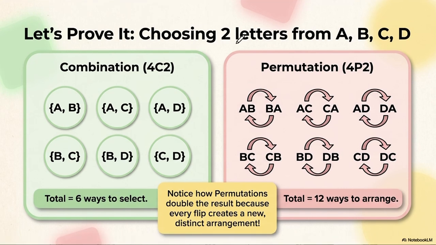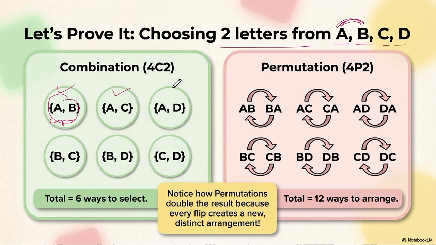Suppose you have to choose any two letters from the alphabet A, B, C, D. What are the different ways we can choose? In the case of combination, order does not matter. So AB and BA are both the same. When you write the combination, A and B, B and A are the same, so A comma B we have written only once.